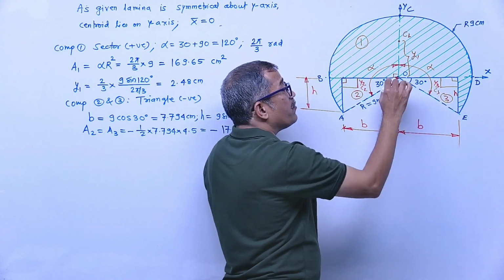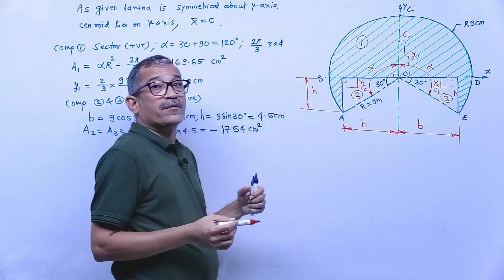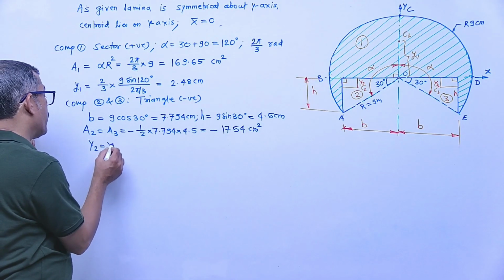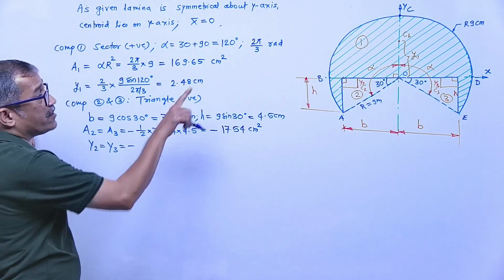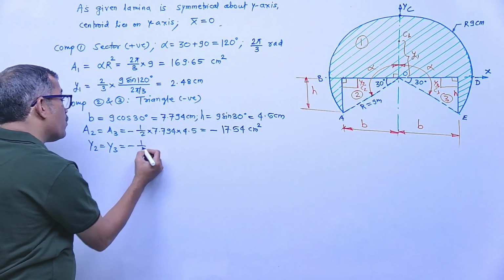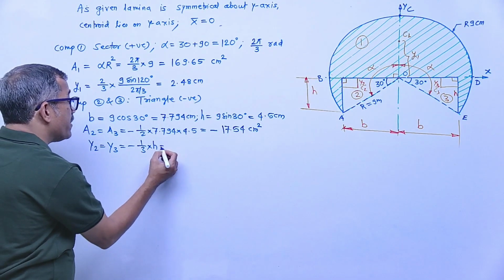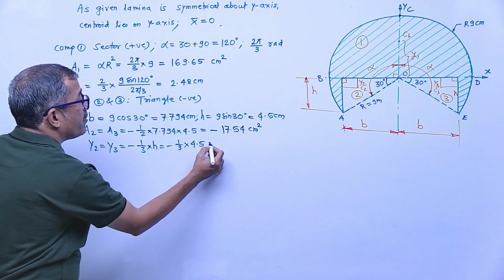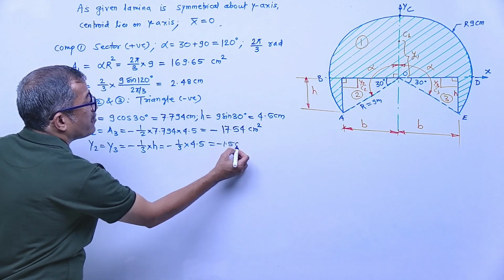Both are the same. But the centroid lies below the x-axis, so y is negative. Why are y2 and y3 negative? Because the centroid is below the x-axis. It is 1/3 of the height, minus 1/3 of 4.5, so we get minus 1.5 centimeter.